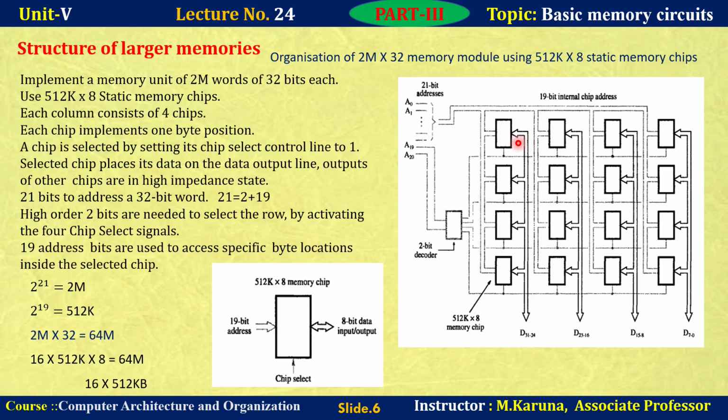Each chip has a chip select signal, with which you can select the required chip. With the help of the read-write control signal, the processor can read data from the memory or write data to the memory through the data lines. Likewise, a 2M x 32 memory module can be constructed with the help of 512K x 8 static memory chips.